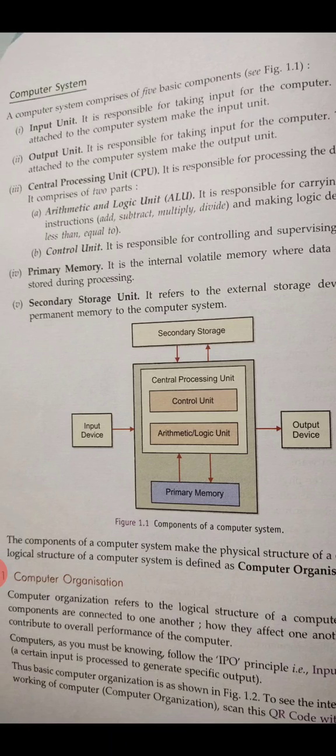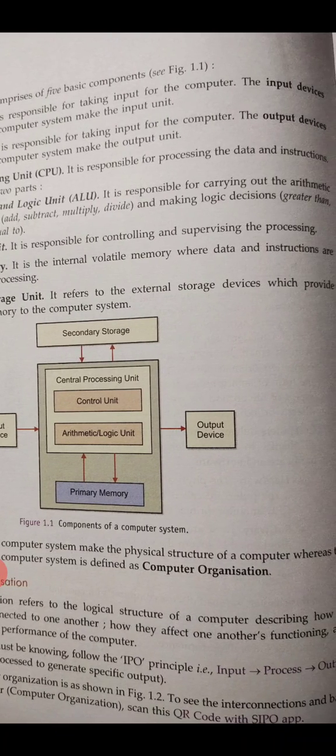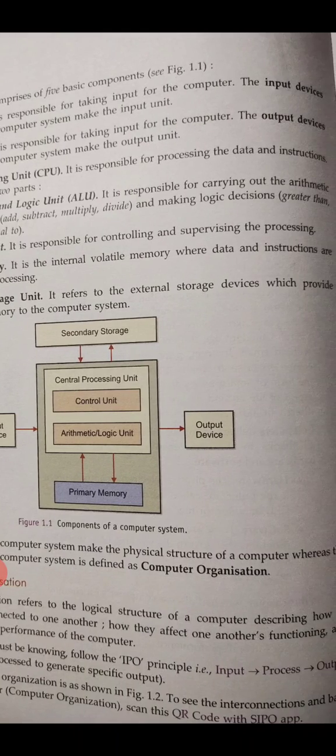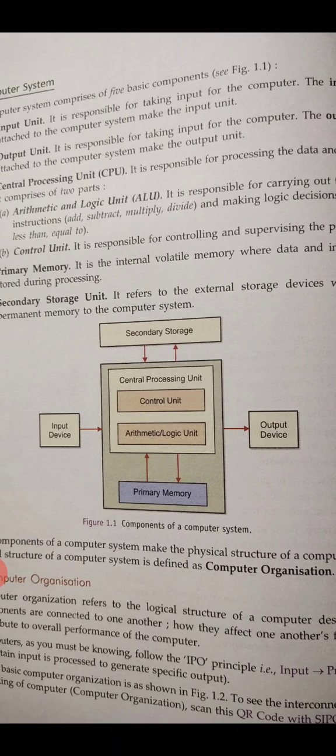CPU has two parts: ALU, that is arithmetic and logic unit, and CU, control unit. ALU is responsible for carrying out all the arithmetic instructions. I hope you can understand. And control unit is responsible for controlling and supervising the rest of the process.